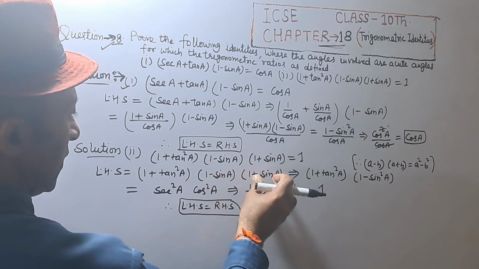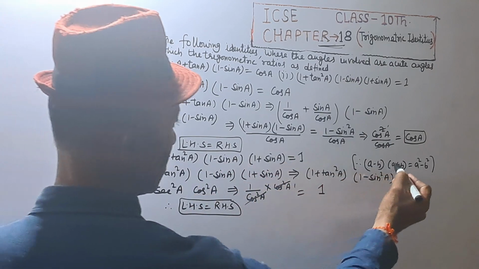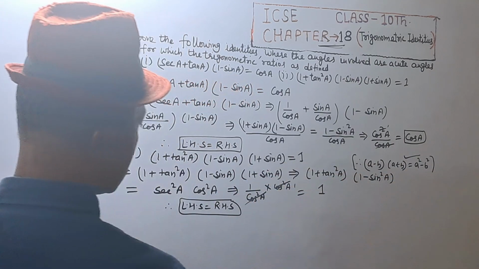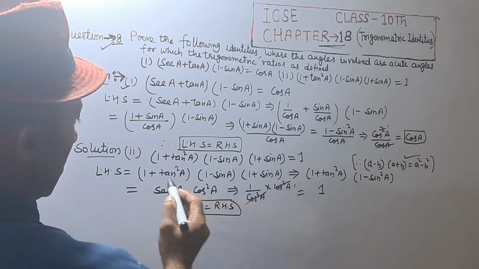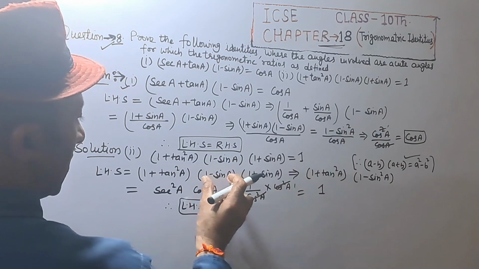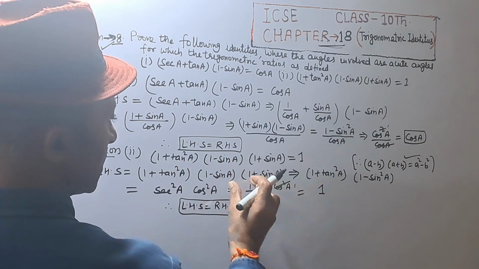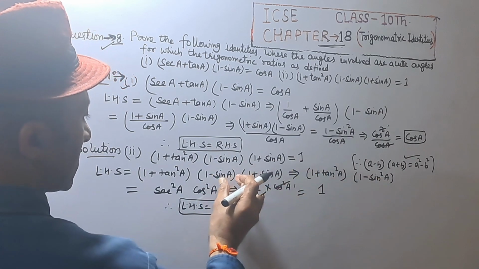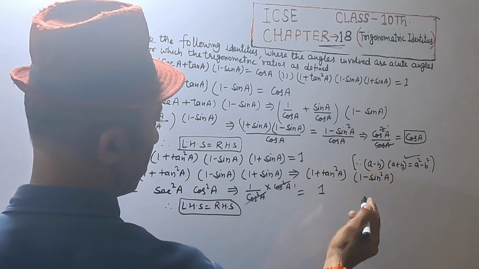A minus B into A plus B is equal to A square minus B square. 1 plus tan square A as it is, and 1 minus 1 square is 1 minus sin square A.